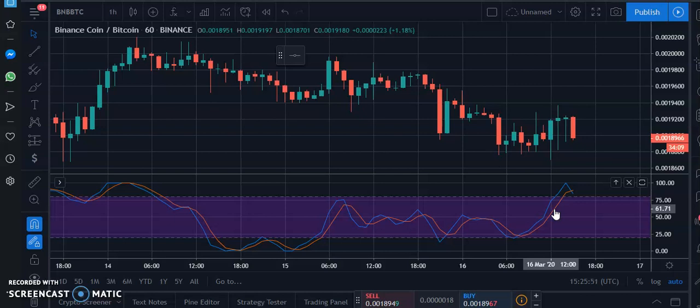Confluence is the sense that you are not using just one indicator, you have to combine it. Can you see the sharp drop now? So if you're trying to use an indicator, try as much as possible to combine it with other indicators that will serve as confluence. Okay, so this is just a little information about stochastic.